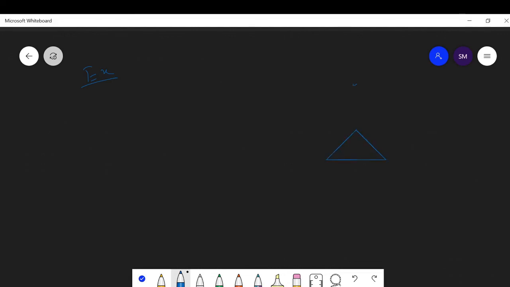Here is the vertex. This is called a tetrahedron. You have to find out the number of edges, number of vertices and number of faces of a tetrahedron.